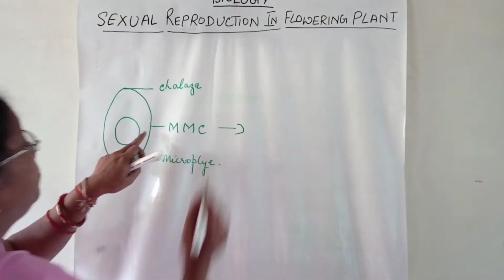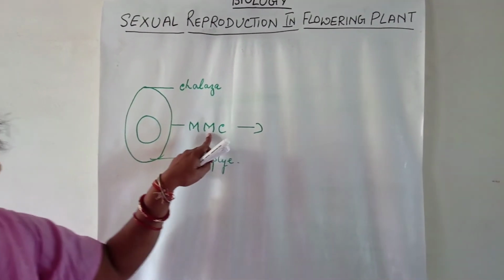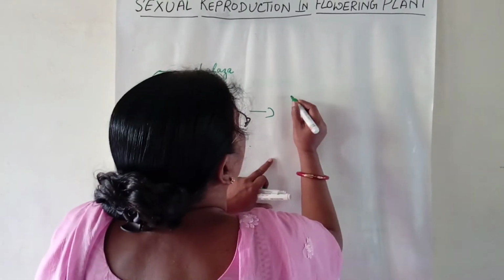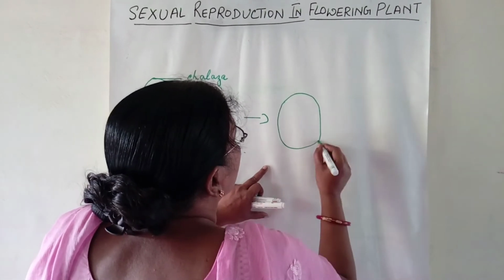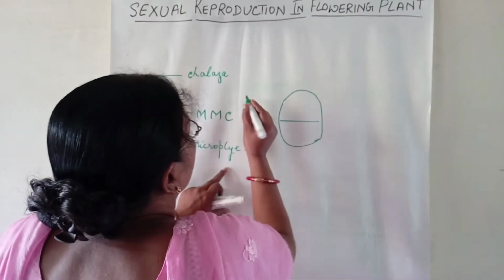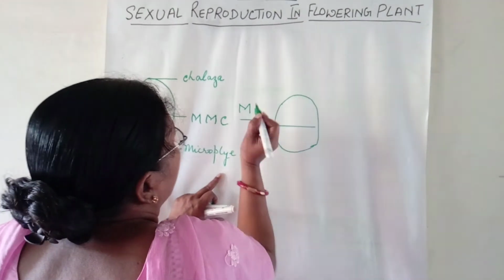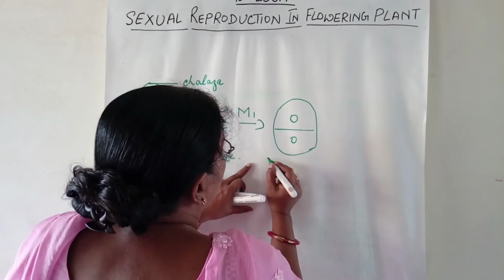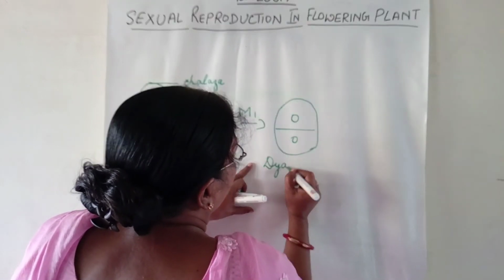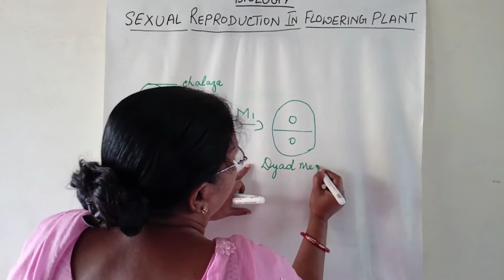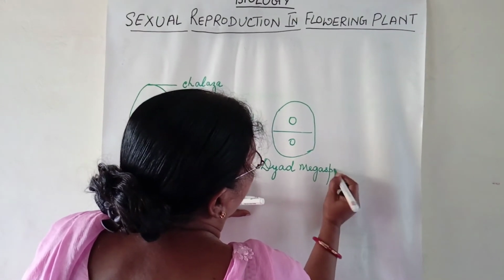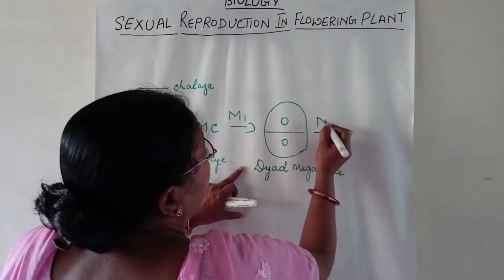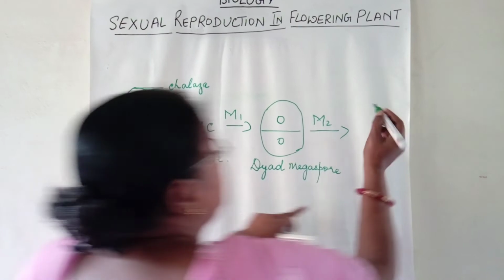The megaspore mother cell will now undergo meiosis. It undergoes the first meiotic division, that is M1, and forms a dyad. It will again undergo the second meiotic division and form a tetrad.